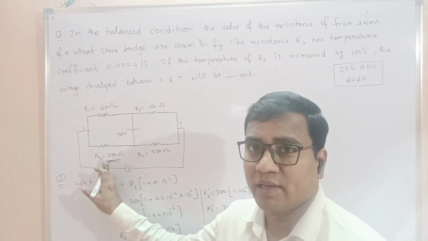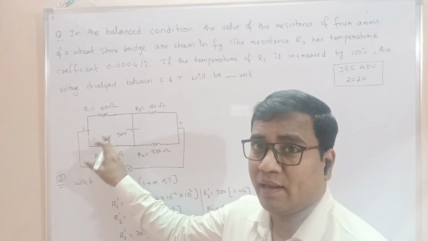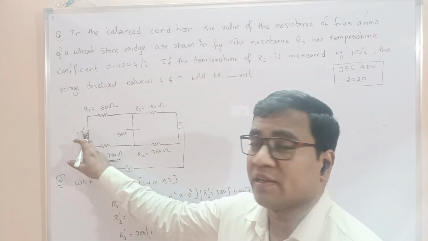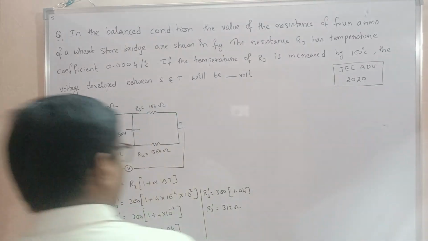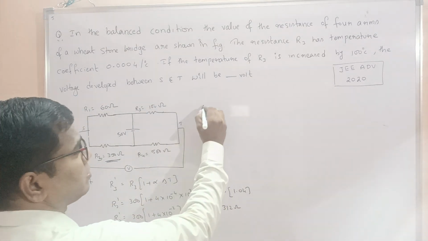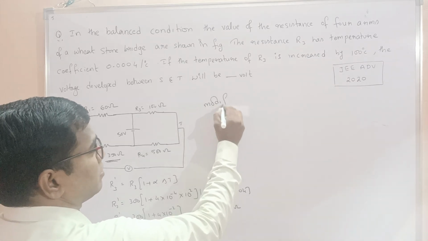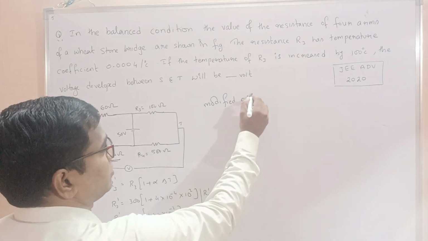Now we have to change the value and apply KVL. After that, we have to calculate the potential difference across S and T. I will modify the circuit.